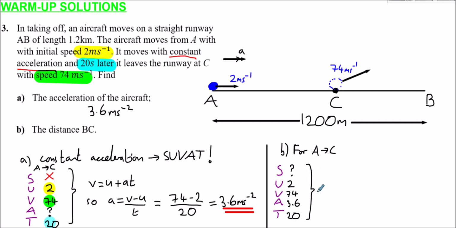So a formula for S, which involves any combination of U, V, A and T, I'm going to suggest we might want to use S equals UT plus half AT squared. So that's going to be 2 times 20 plus a half multiplied by 3.6 multiplied by 20 squared.